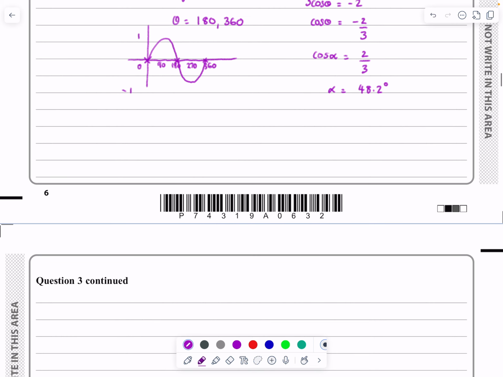What that tells me, alongside my cast diagram, is that alpha is any of these 4 angles, 48.2, 48.2, 48.2, and finally 48.2.